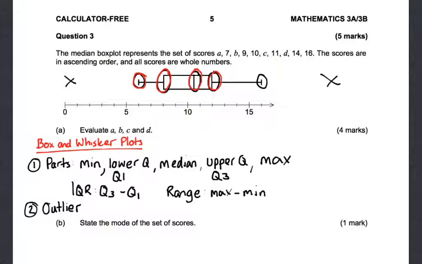But to be specific, with box and whisker plots, there's actually a numerical way of calculating whether a score is an outlier or not. Okay, and this numerical measure is this.